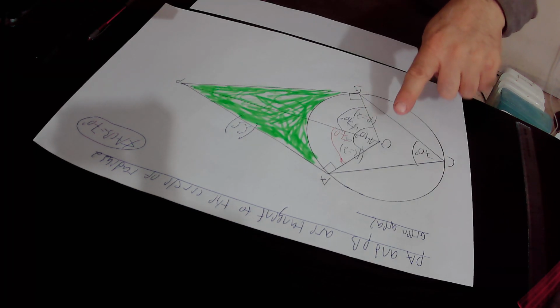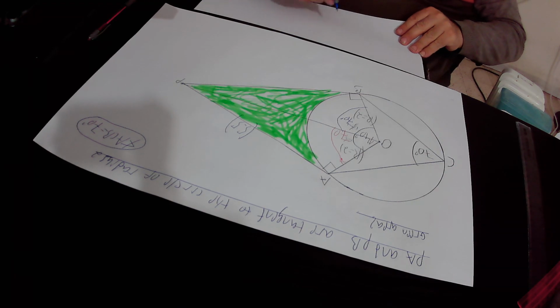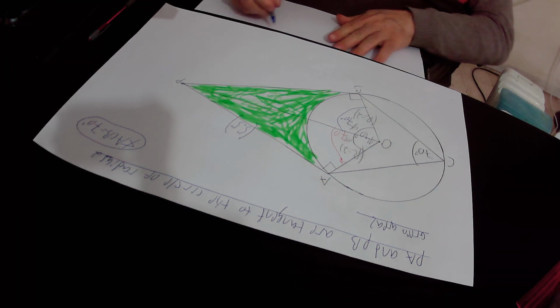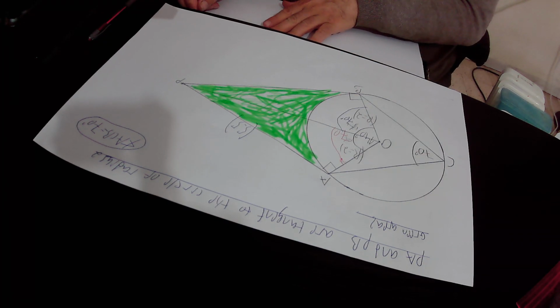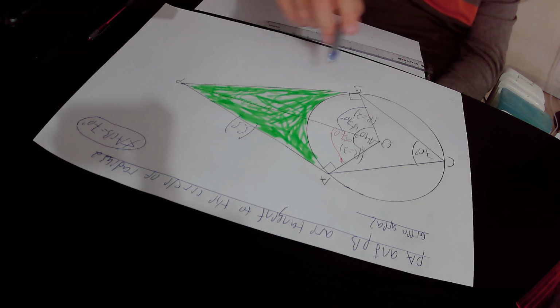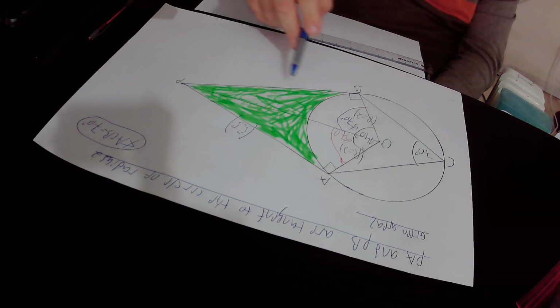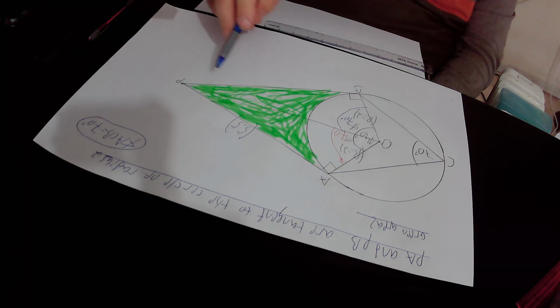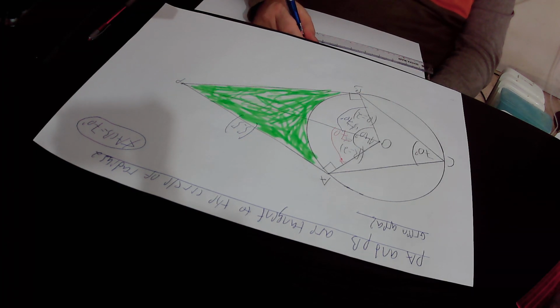What is the area of the green shape? From the drawing, it is very easy to see that the area of this green shape equals the area of the right upper triangle AOP, plus the area of the lower right triangle BOP.